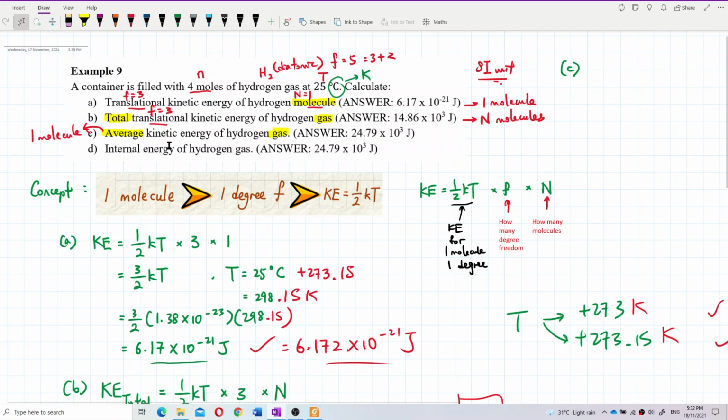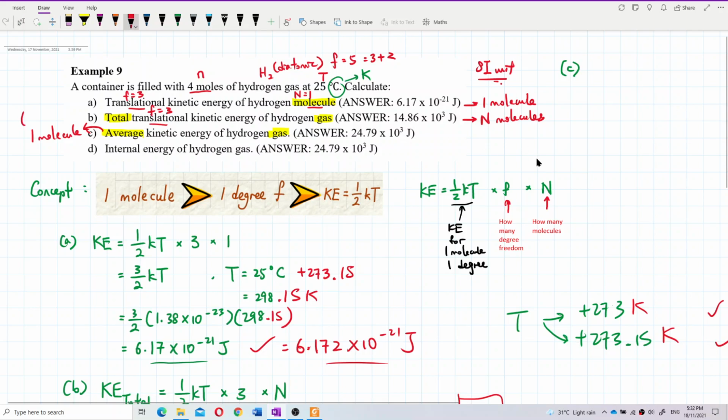As average, each molecule, one molecule, in the whole gas, has an average of kinetic energy.